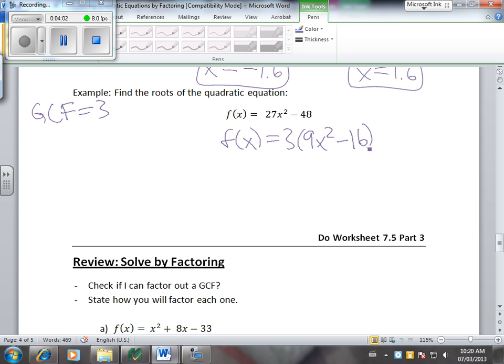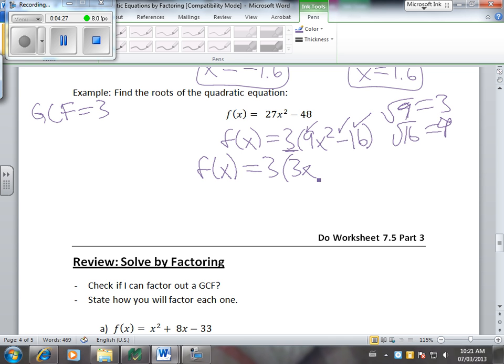Now, are 9 and 16 perfect squares? Yes, they are. Do I have a difference, a subtraction? Yes. So now I can make this a difference of perfect squares. So I end up with f of x equals, I keep my 3. Okay, that just keeps coming down with me. The square root of 9 is 3. The square root of 16 is 4.